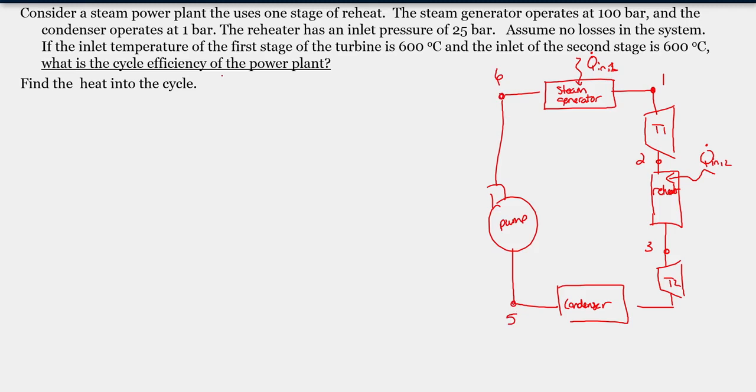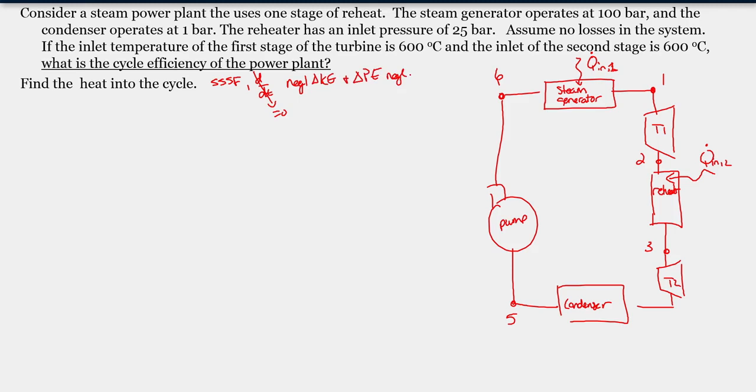We're going to invoke all the assumptions we typically do for these types of turbo machinery. So we're going to assume that we have steady state, steady flow, so all those time derivatives are going to go to 0. We're going to consider that the changes in kinetic and potential energy are negligible, so we don't have to worry about those.